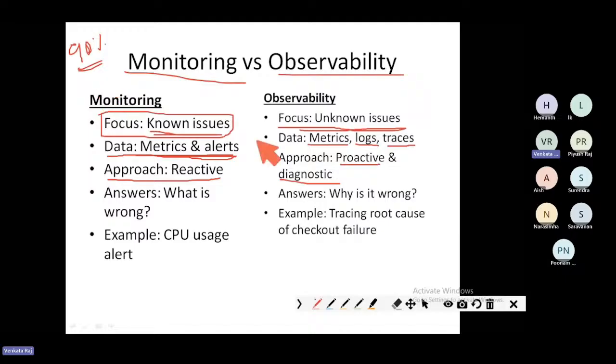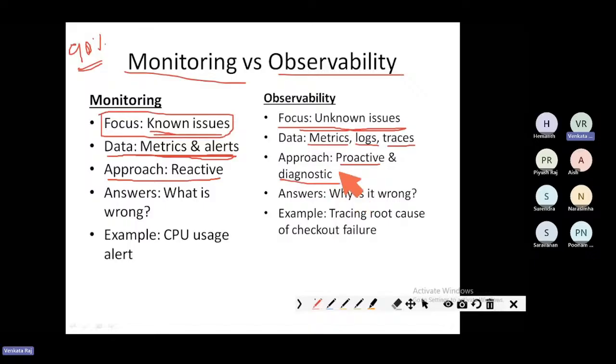So guys, in case of monitoring, our approach is reactive, but in case of observability, our approach is proactive and diagnostic. What answers are we trying to find out, guys? Or what question are we asking? What is wrong, basically? What is wrong means CPU utilization went beyond 90%. So that is the wrong thing which has happened. That is the issue which has happened.